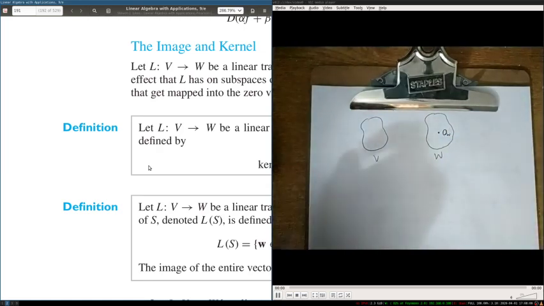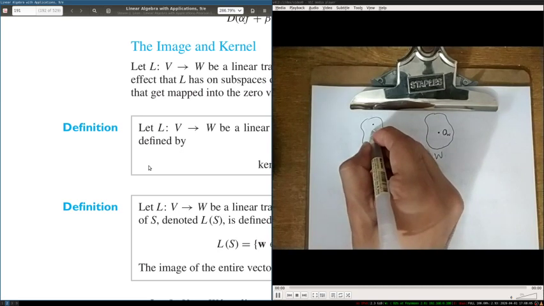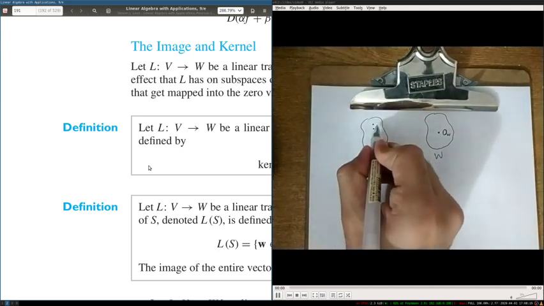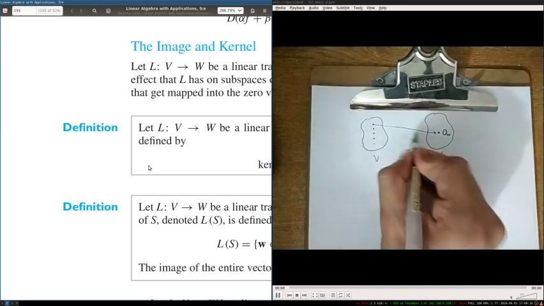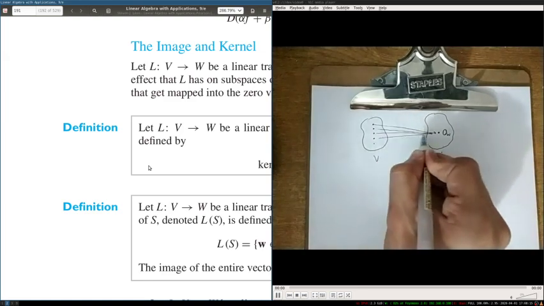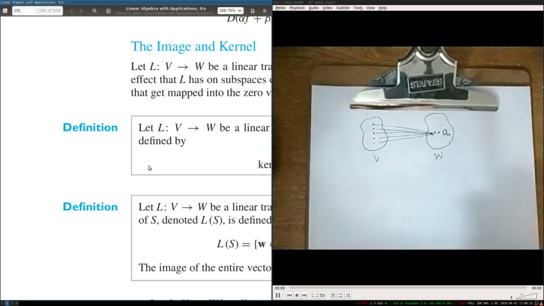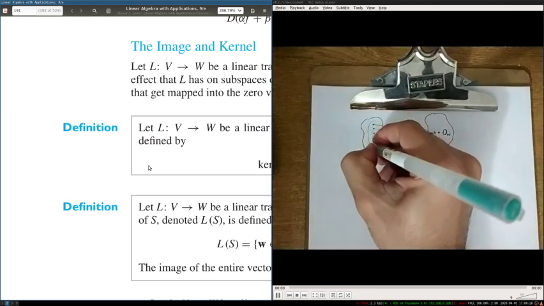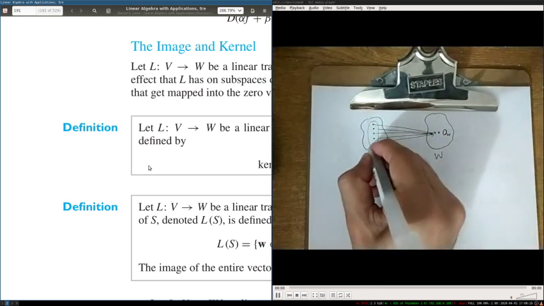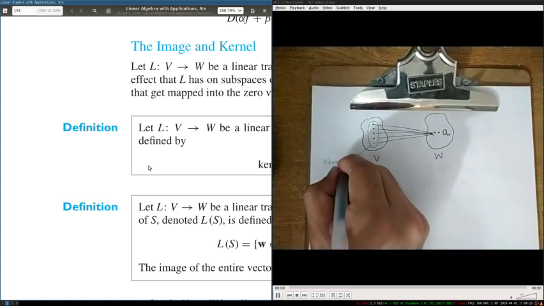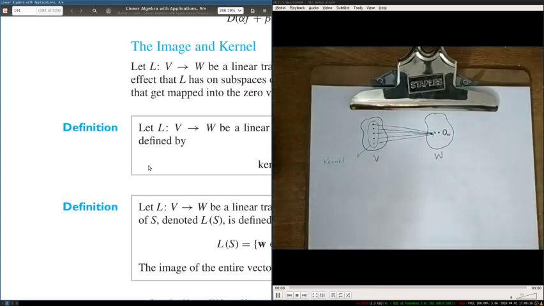And the question is, how many vectors in this space map onto the zero vector in the output space? And the collection of these vectors is called the kernel of the linear transformation L.